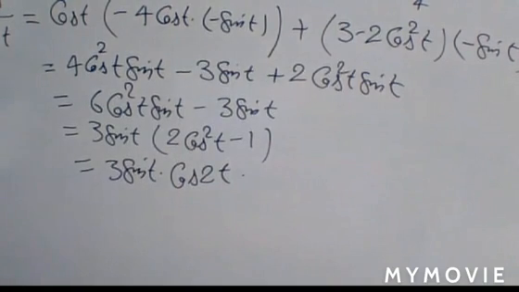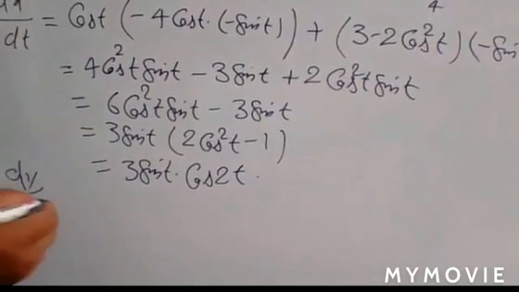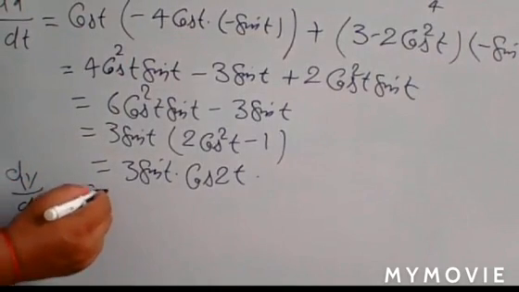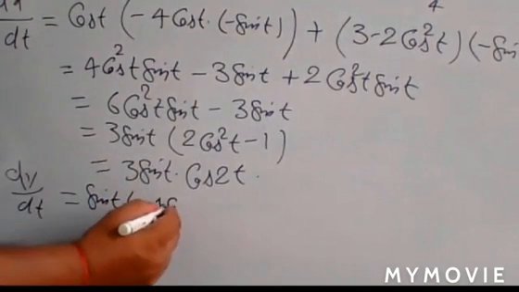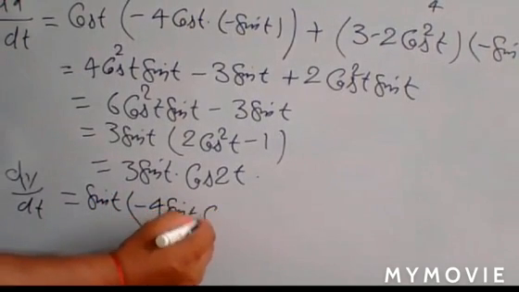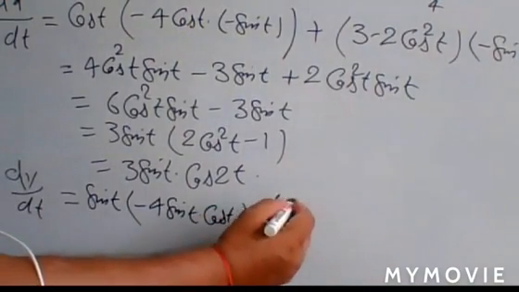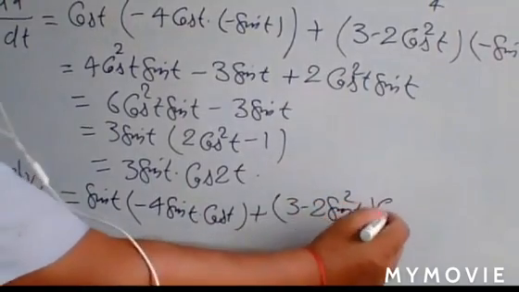In the same way, find the value of dy by dt. Dy by dt is equal to first function sin t into differentiation of second, so minus 4 sin t into cos t, plus second function 3 minus 2 sin square t into cos t.